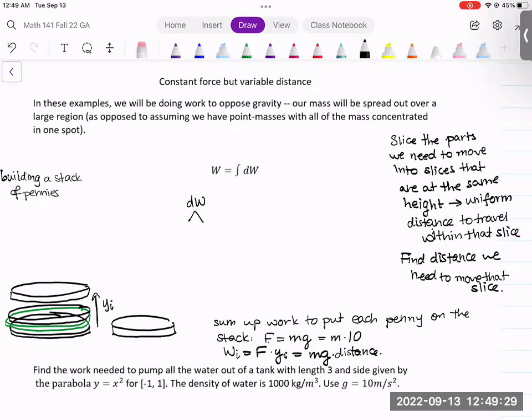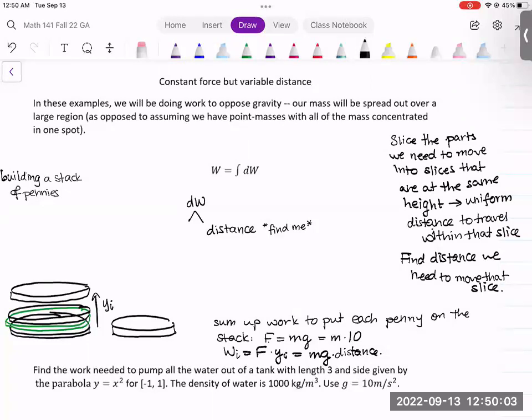I'm going to write a little branching tree anytime I want to multiply two things together. The physical principle behind work is that work should be a force times our distance. Our slice has some distance it needs to move, and that'll depend on our problem, and some force.